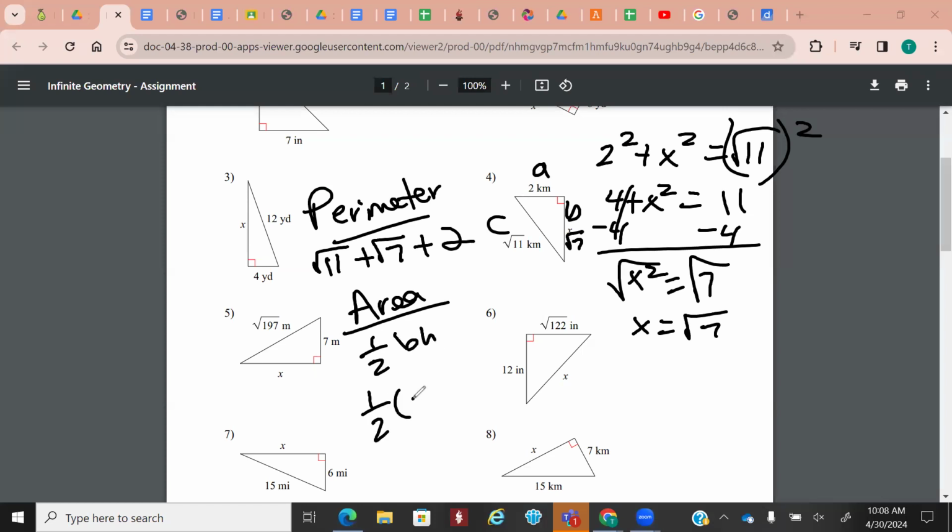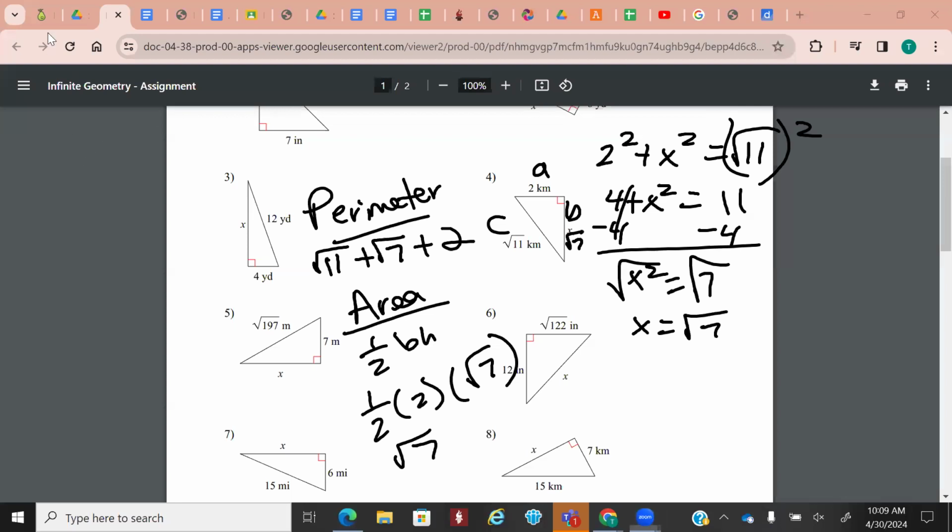So 1/2 times 2 times the square root of 7. When I plug that into my calculator, I get the square root of 7. Which part? This part? So 1/2 times 2 is 1. 1 times the square root of 7 is square root of 7. Type this straight in to your calculator. Questions on that? Okay.